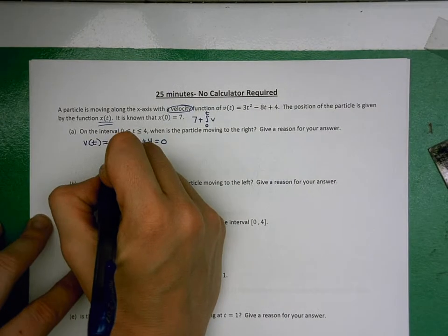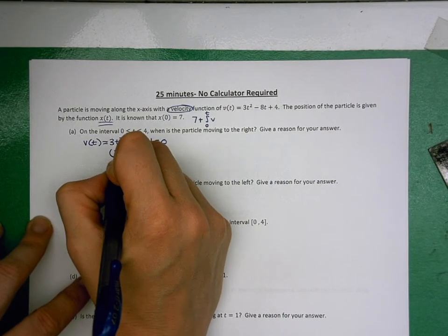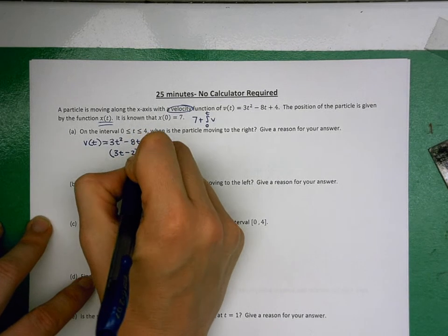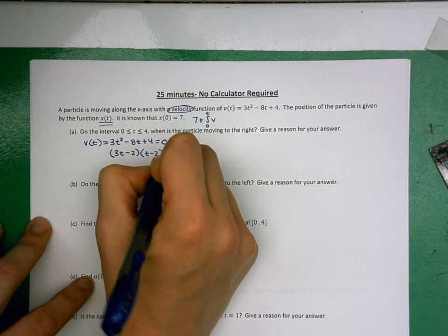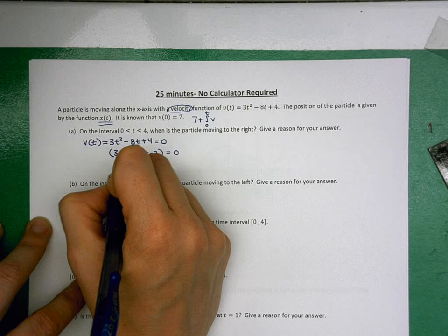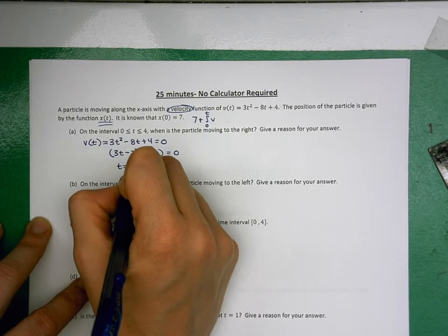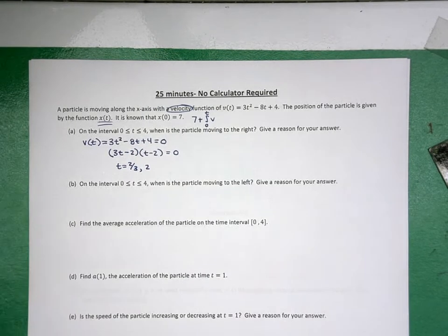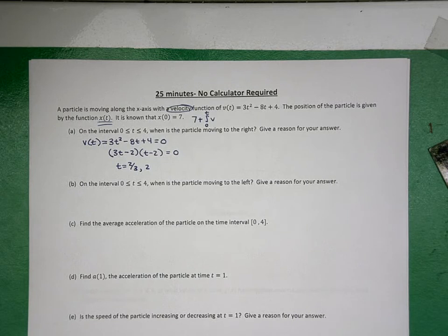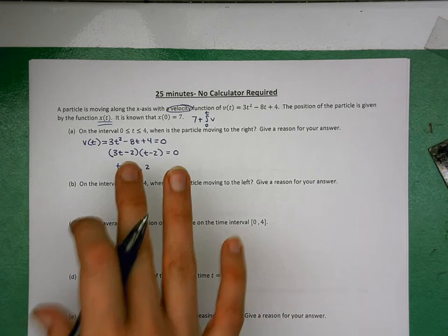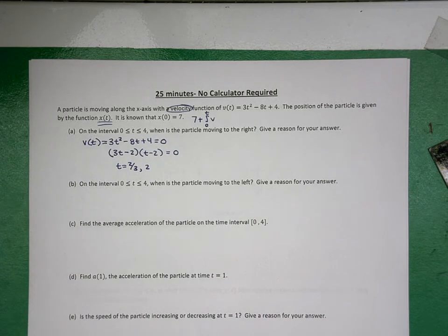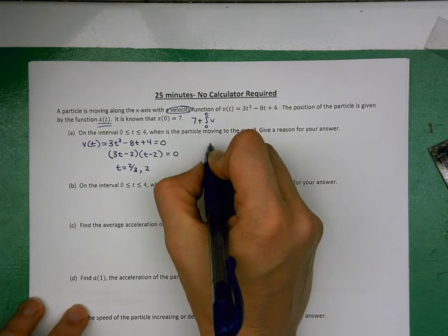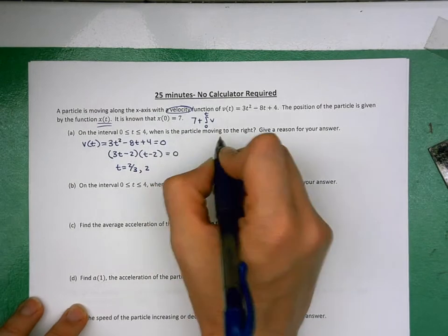This one factors to (3t minus 2) times (t minus 2), which gives me two zeros, one at 2/3 and one at 2. And that could be confirmed if you were looking at your velocity graph in your calculator, you'd see that you had two zeros at 2/3 and 2. And so then we could test those intervals.